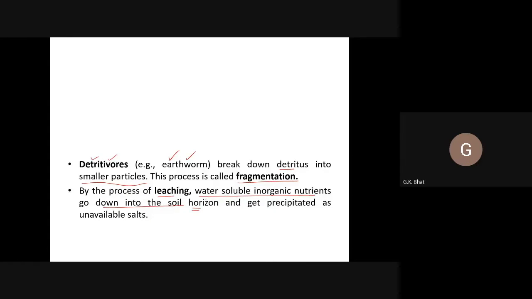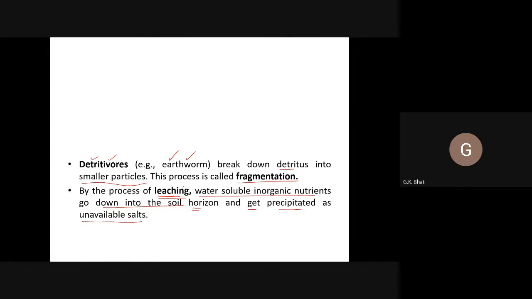If you look at the soil, what you see at the surface and what you see about 2 feet deep will be different types of soil. The grain size will be different. Porosity will be different. So, by the process of leaching, the water-soluble inorganic nutrients go down into the soil horizon and get precipitated as unavailable salt. This is what is called leaching.